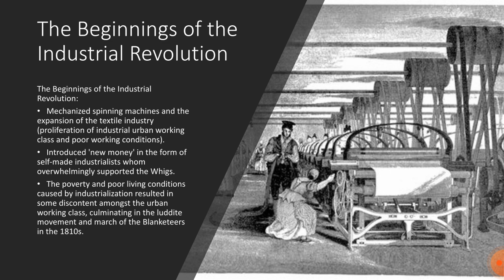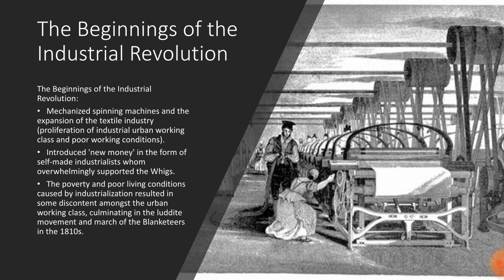Another thing that you have to remember is the introduction of new money in the form of self-made industrialists who essentially were working class men, came up with an invention, sold it for a lot of money, became very wealthy. An example I can think of is George Stephenson, the inventor of the Rocket, the first train.